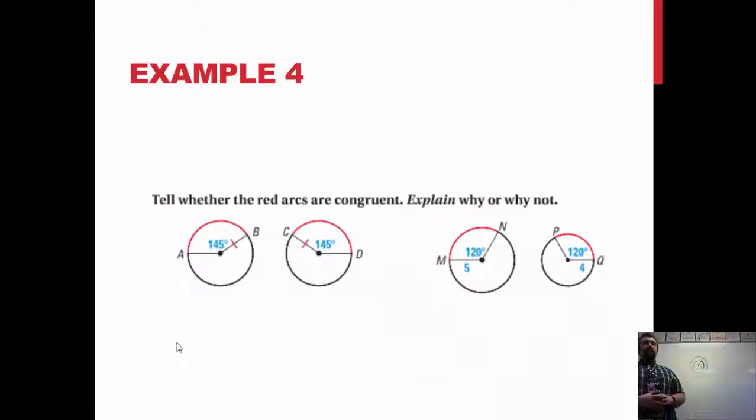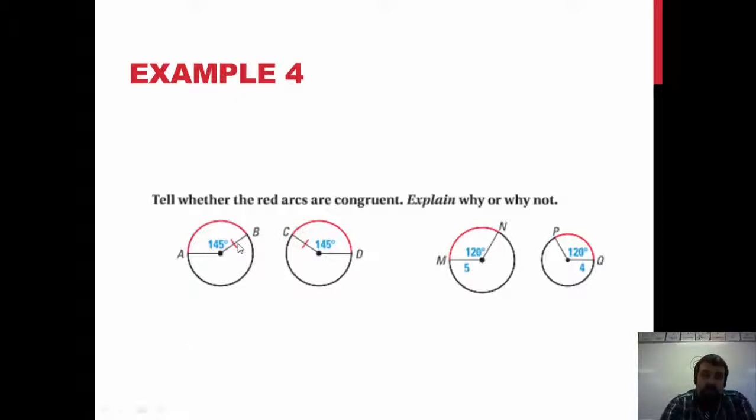So in example 4, I'm asking you to determine whether the red arcs are congruent or not. Well, if the arcs are congruent, they either have to be of the same circle or congruent circles. The pair on the left are not of the same circle. So the first thing I'm going to check is to see if those two circles are the same size, which means the radii have to be the same size.